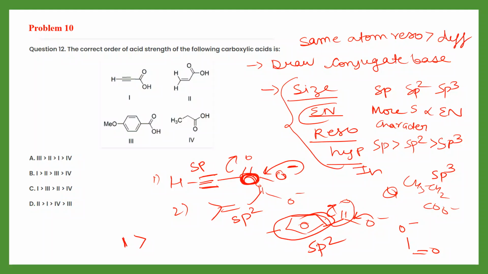Here, resonance can take place between oxygen and carbon, but in the fourth case, resonance is going to take place only between these oxygens, right? Yes, ma'am. Correct or not? Now, after listening to all these arguments, can anyone tell me the final order?